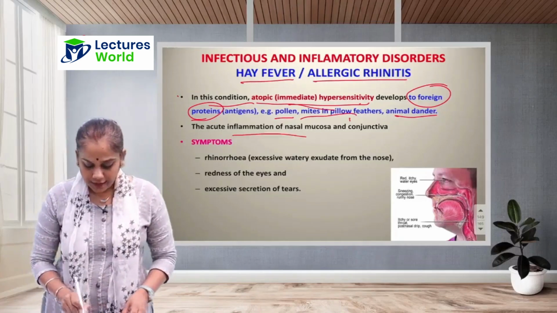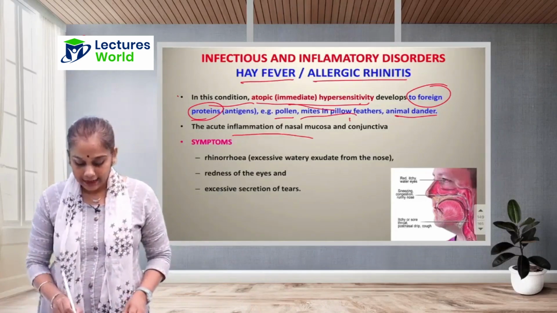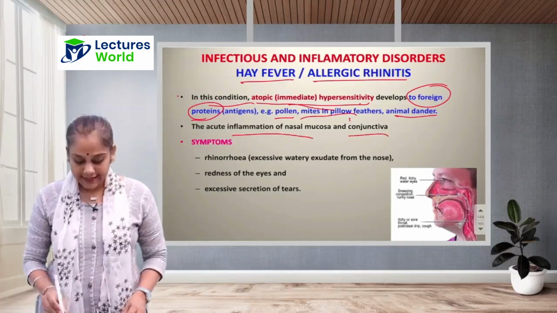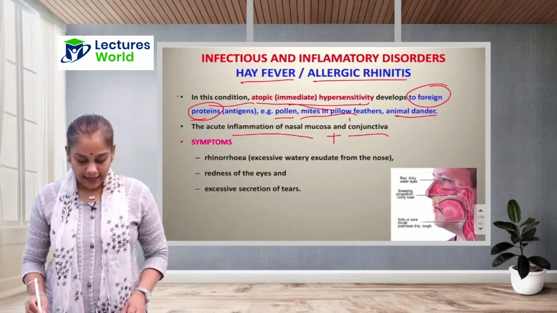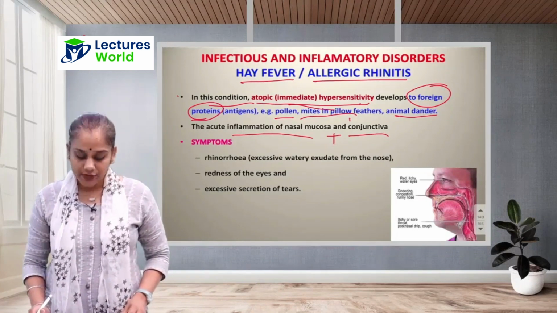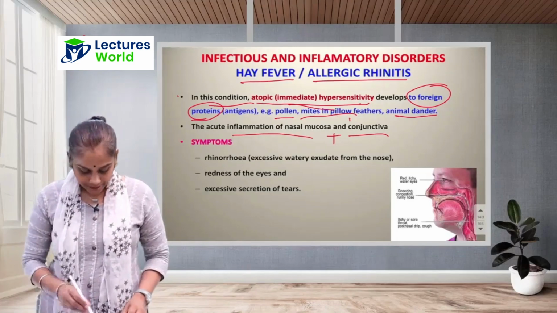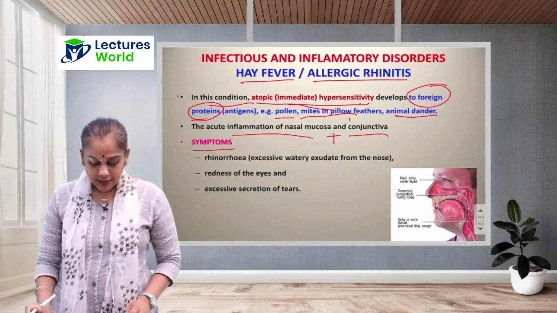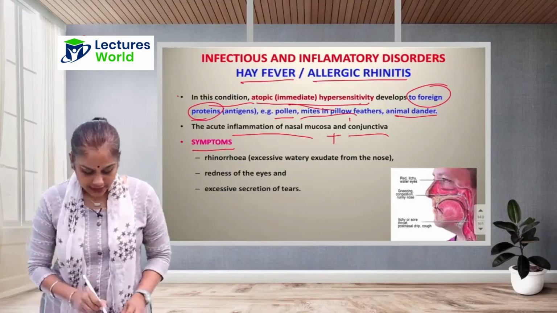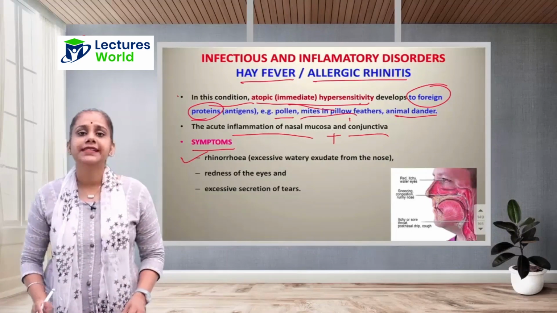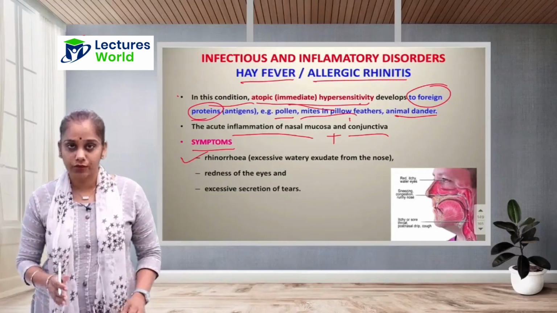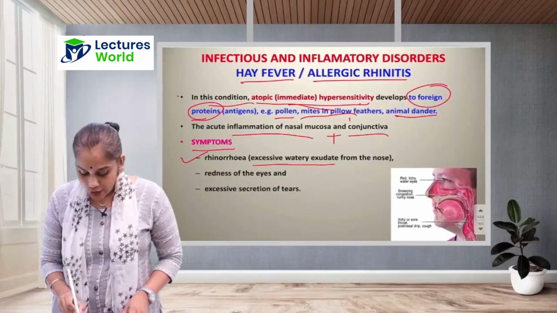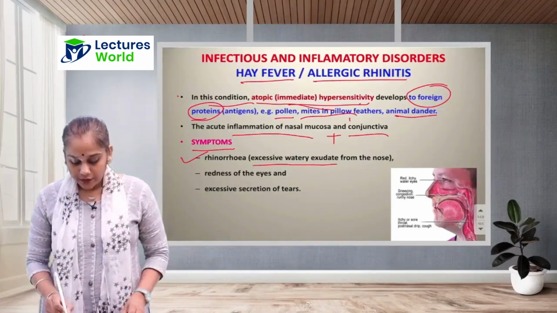There is acute inflammation of the nasal mucosa and the conjunctiva, and these types of symptoms are seen. Which are the prominent symptoms? First one is rhinorrhea. What is rhinorrhea? That is a runny nose, excessive watery exudate from the nose.